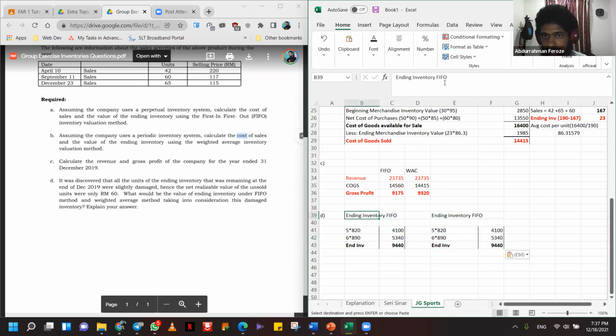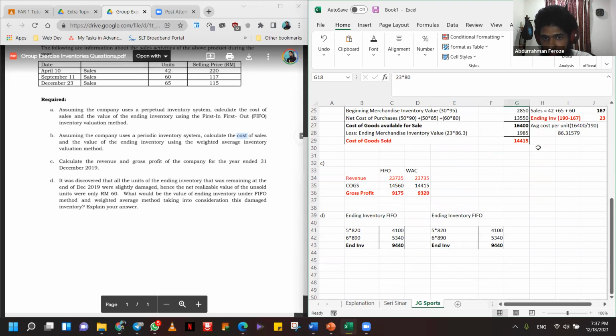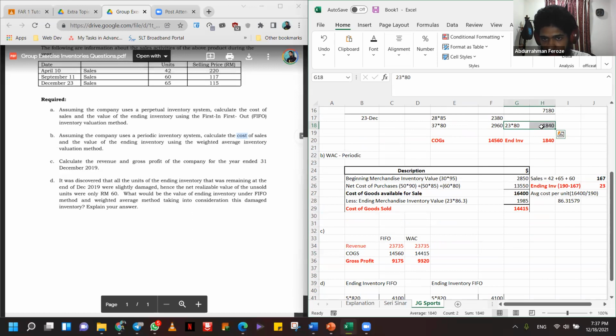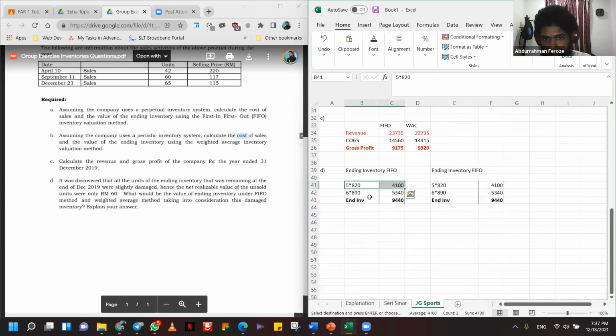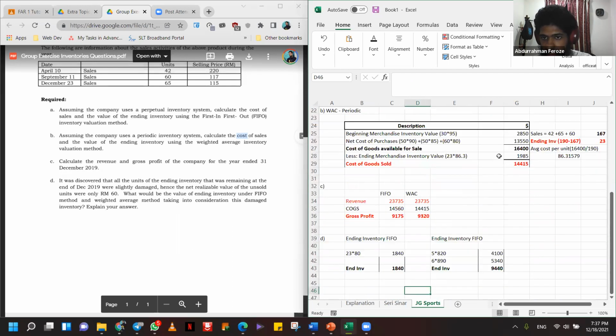So currently in the question for FIFO, our ending inventory, we had 23 into 80, right? This was our ending inventory, 23 into 80. And for the WAC, it was 23 into 86.3.